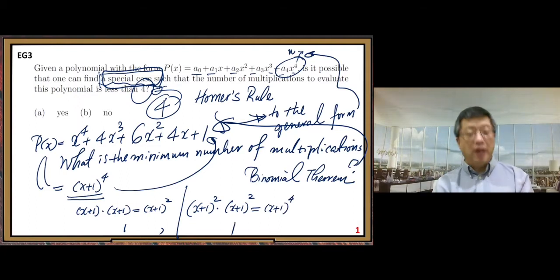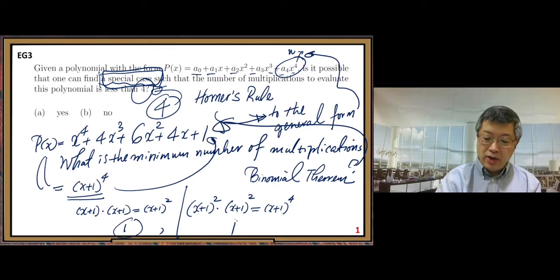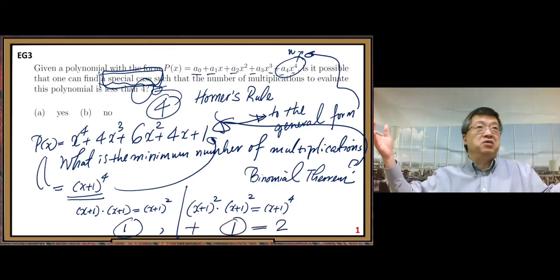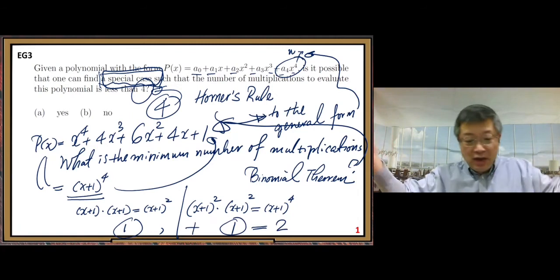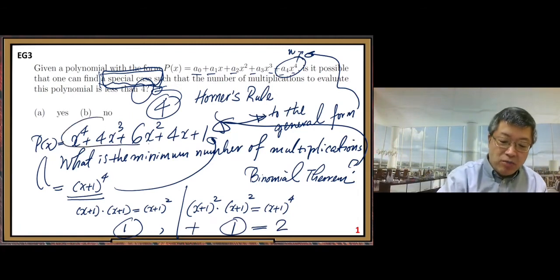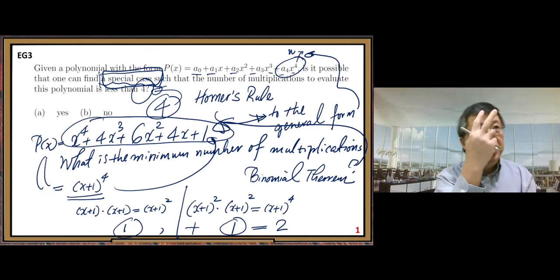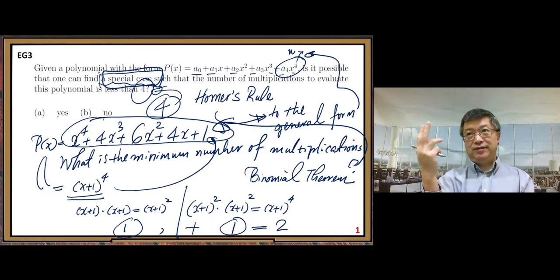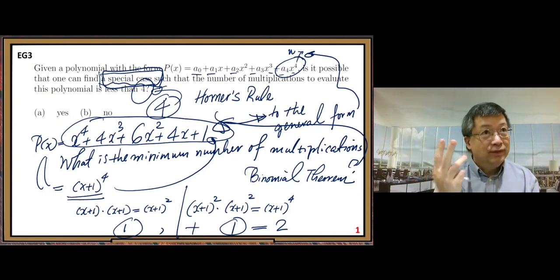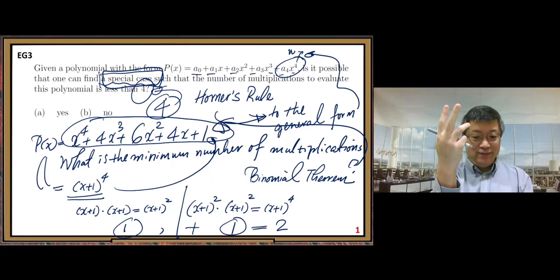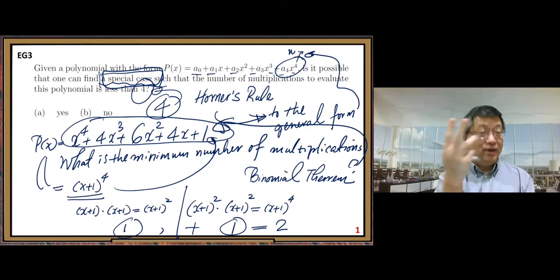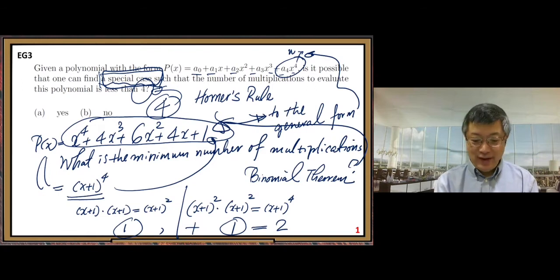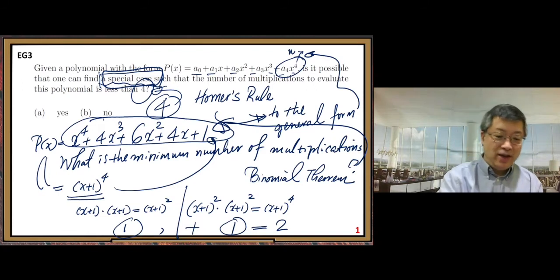Another multiplication, right? So 1 plus that 1, we have a total of 2 multiplications. Think about that. For this polynomial, we only need 2 multiplications, not 4. So the answer is yes.